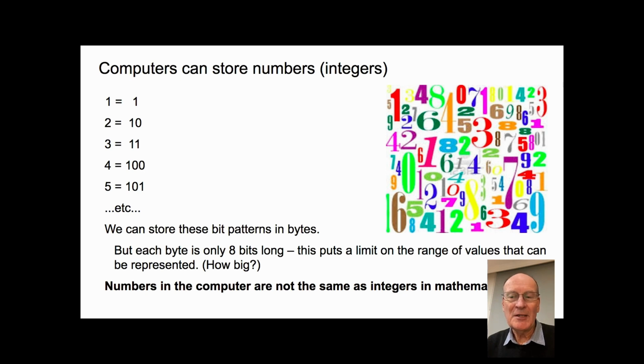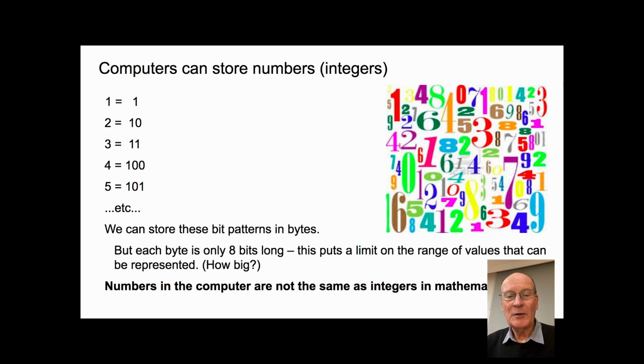Now, if a byte is 8 bits long, what is the range of values you can represent? Well, obviously, if you start at the beginning and the byte consists of 8 zero bits, then the number it's representing is a 0. Okay, but what's the maximum number it can represent?